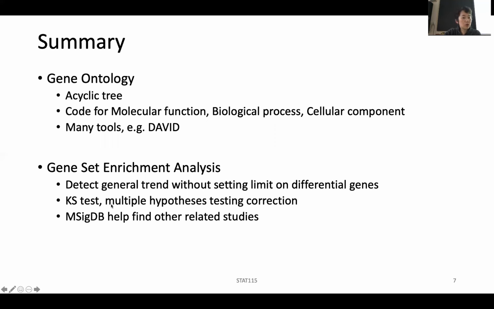Here you also need to do multiple hypothesis testing, because you're testing many, many gene sets for either belonging to the same gene ontology group or belonging to another experiment that has been shown to be differentially expressed. And the Molecular Signatures Database is part of gene set enrichment to help define the gene sets, but also bring relevant studies to a user who has their own differential expression.